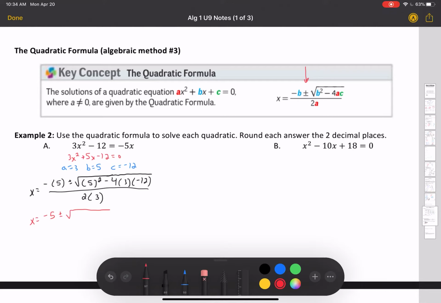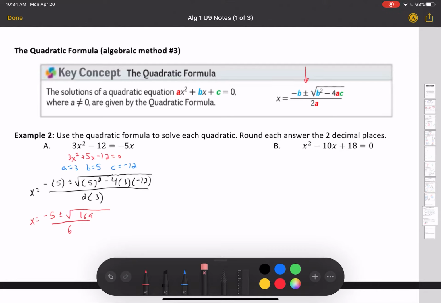And you're going to see that we get 169, over 2 times 3, which is 6. Maybe you know the square root of 169 is a nice number, which is 13. When what's underneath the radical simplifies to give you a nice number, that means that this quadratic could have been factored. And maybe that was faster.